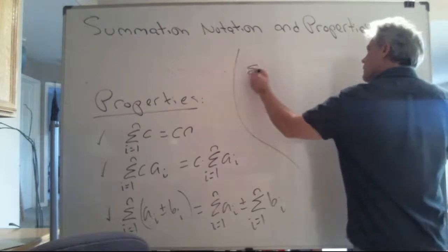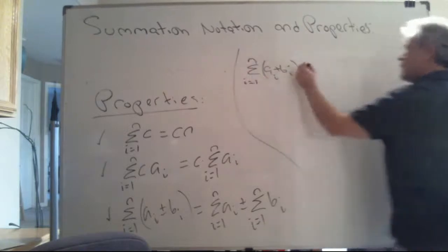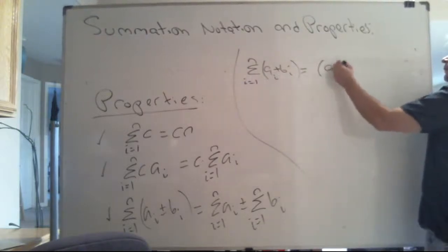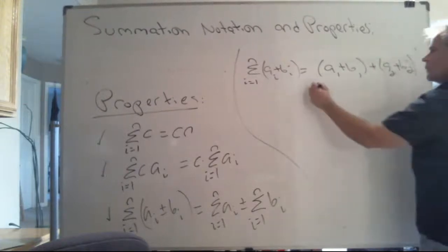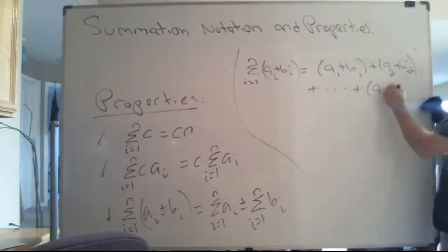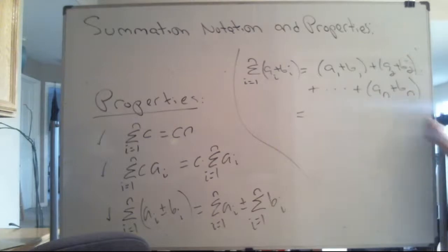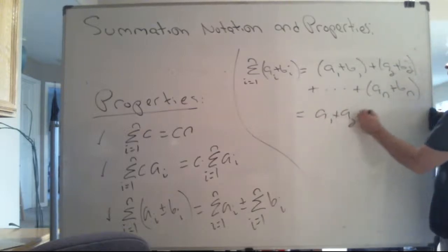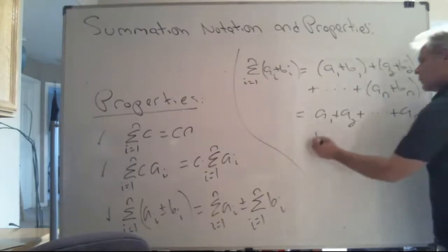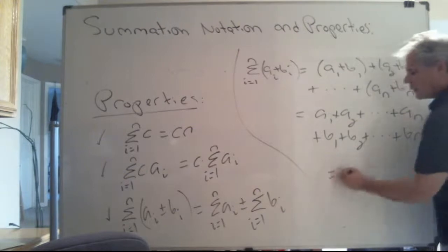If I have this, isn't that this? But now I do think with the addition property, these parentheses are superfluous. So if I just add these terms in a different order, I get exactly what I want.